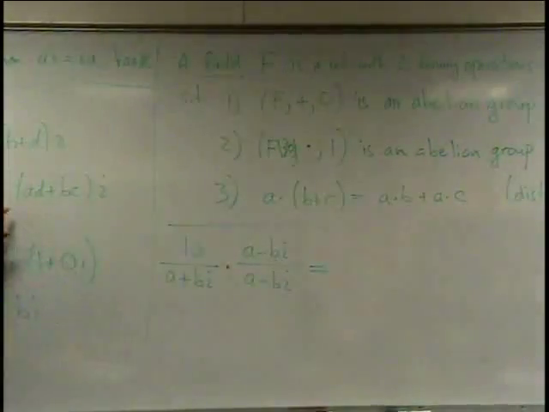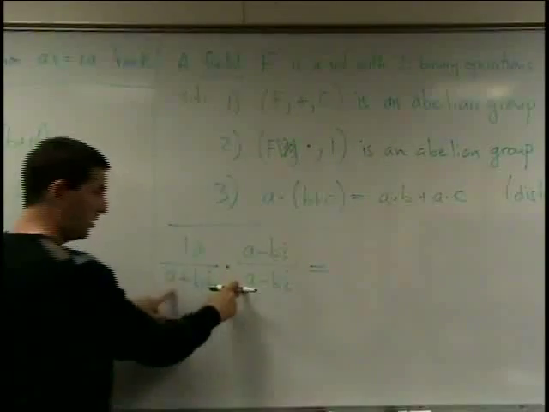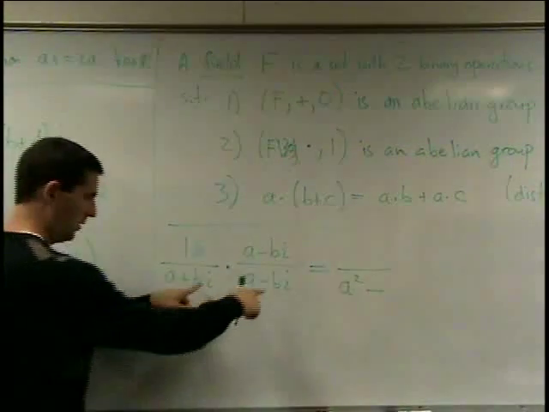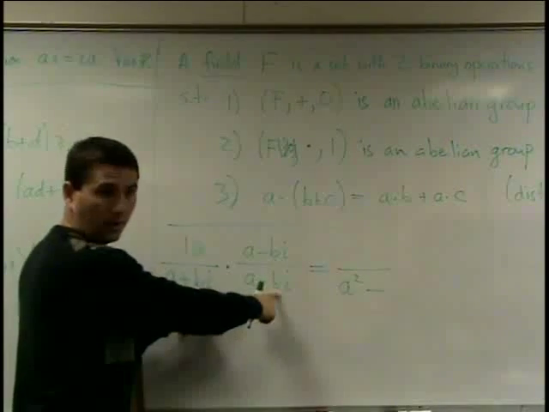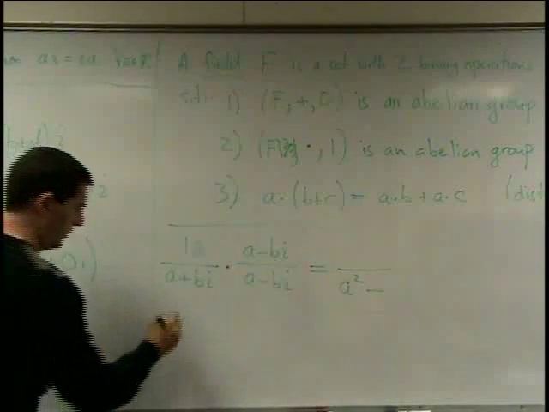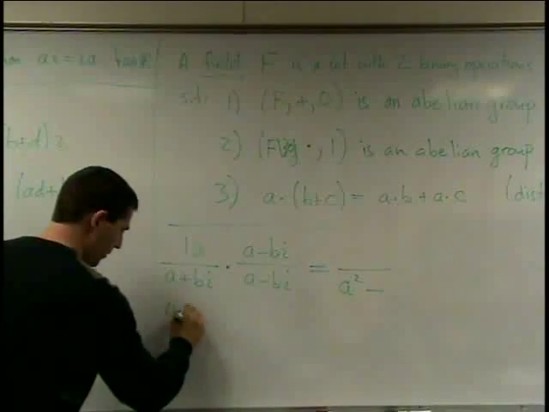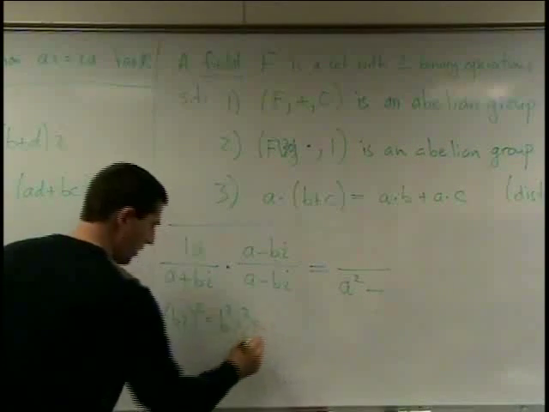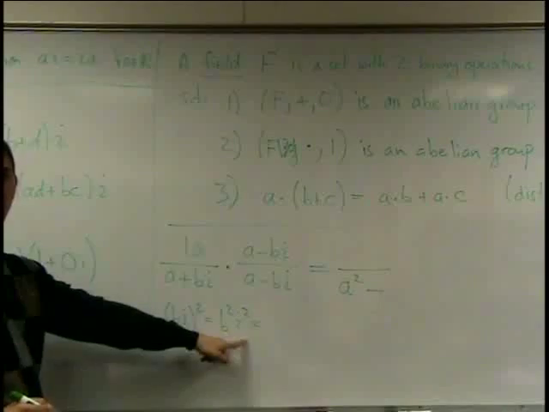We just said this definition basically says you can FOIL, and foiling would tell you that you get a difference of squares. So you just have a squared minus this thing squared, so bi squared. What's bi squared? Well, it's b squared times i squared, and i squared is minus 1.